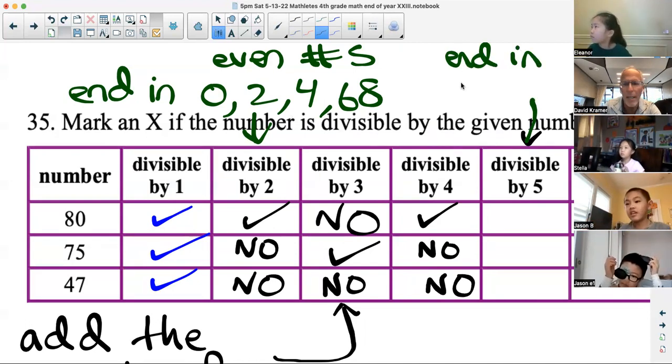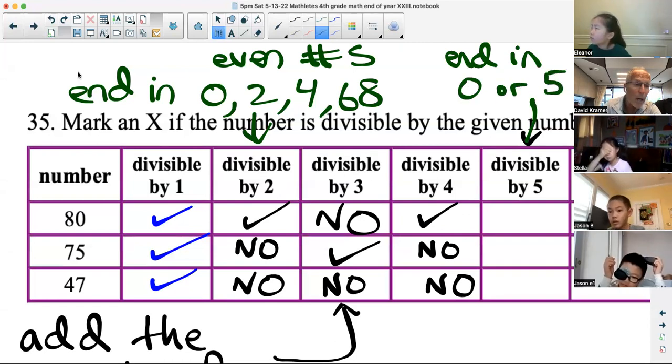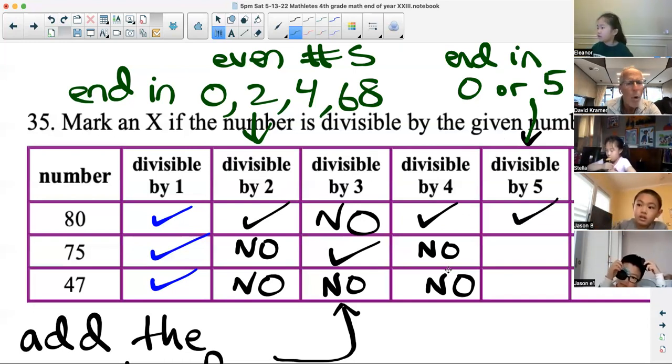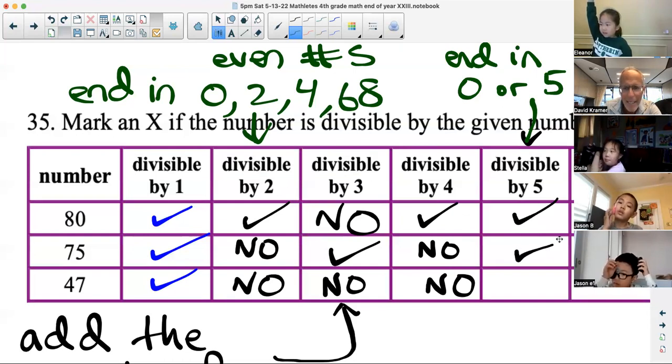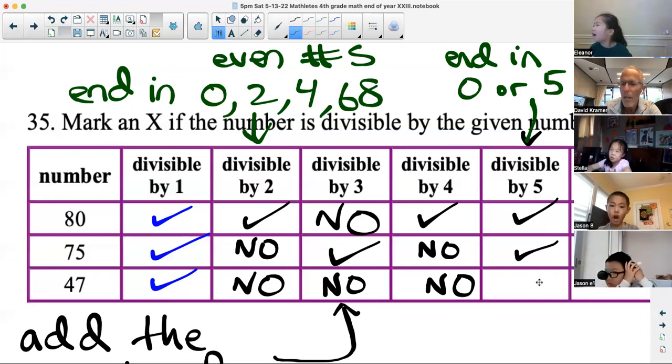Does 80 end in a 0 or 5? Yes. Therefore, 80 is divisible by 5. What about 75? Yes. What about 47? No, it is not.